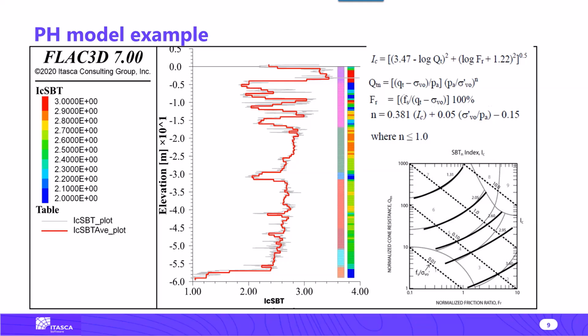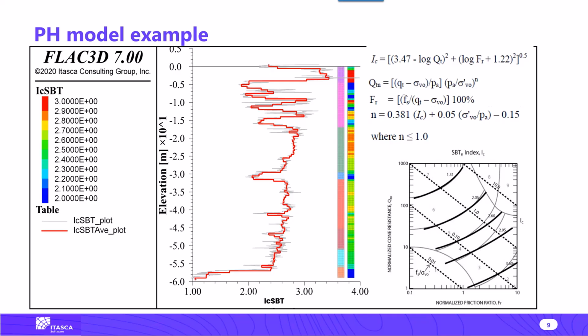I'm just showing a few examples here of applications in which I've used the CPT correlations to directly feed the numerical model. In this case, it was just a simple 1D column, as you can see on the right. But then I use the CPTs to determine all the properties that are necessary for the constitutive model.